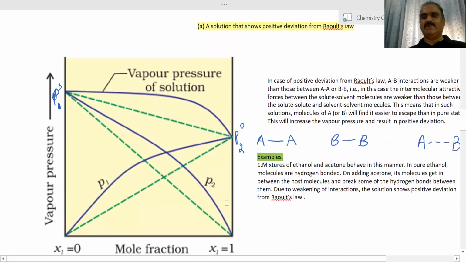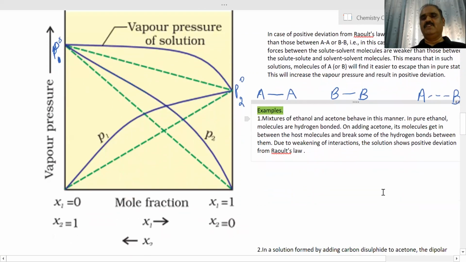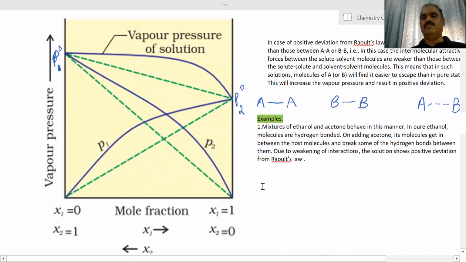Let us take some examples. First example is a mixture of ethanol and acetone. They behave in this manner. What is ethanol? You know, ethanol is alcohol, CH3CH2OH.